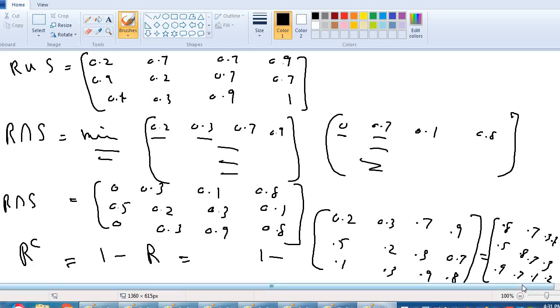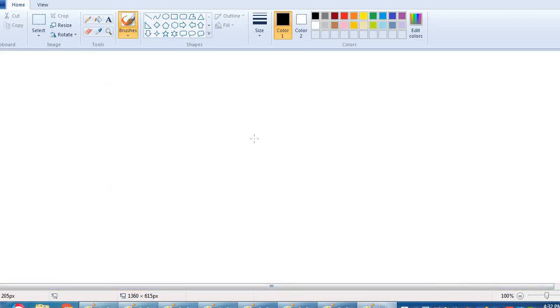So this is our R complement. In this way we can find the complement of any matrix by subtracting all the values from 1. So these are some more functions to apply the different t-norms.